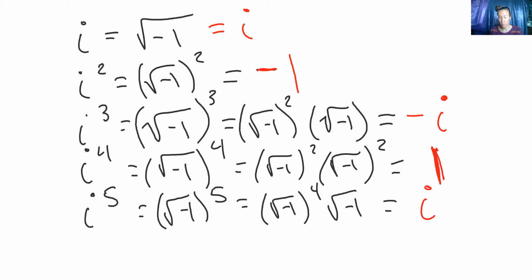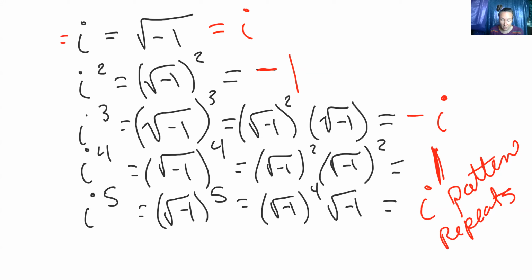And our pattern repeats. Right? So i, i squared is -1, i to the 3rd is -i, i to the 4th is 1, i to the 5th is just i again.